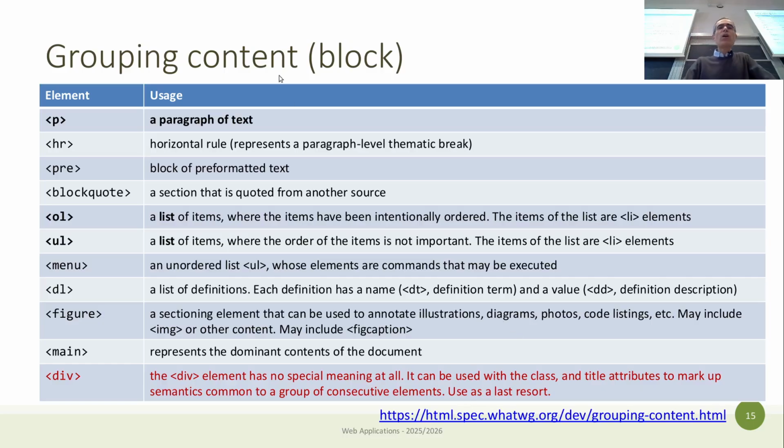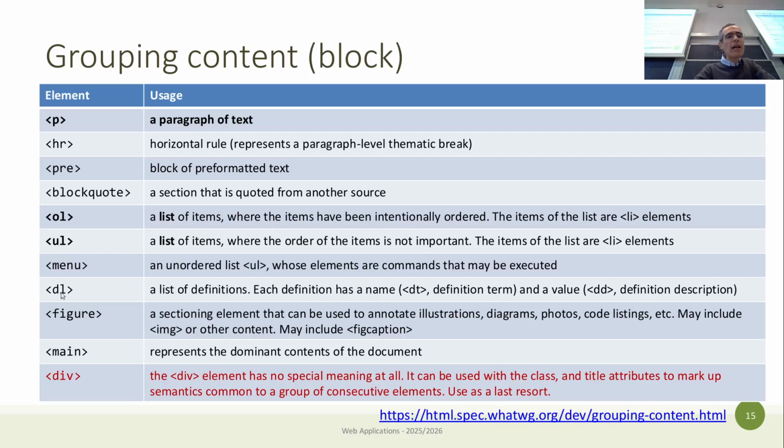Then, for the content, these are the most useful tags, the bold ones. P, paragraph: when you open a paragraph, you write something, you close the paragraph. It's like a text editor, right? OL or UL: an ordered list, O means ordered, U means unordered, so a not-ordered list of items.